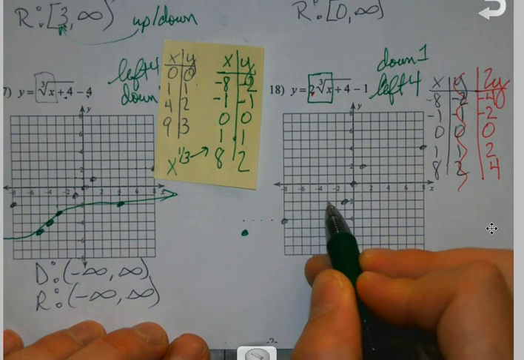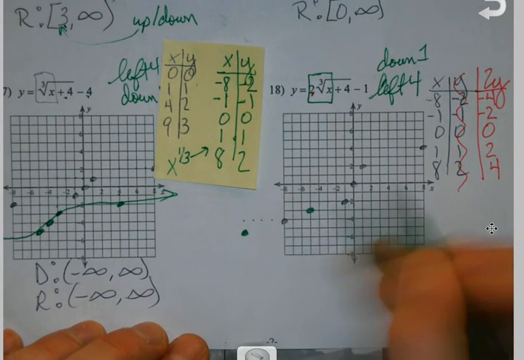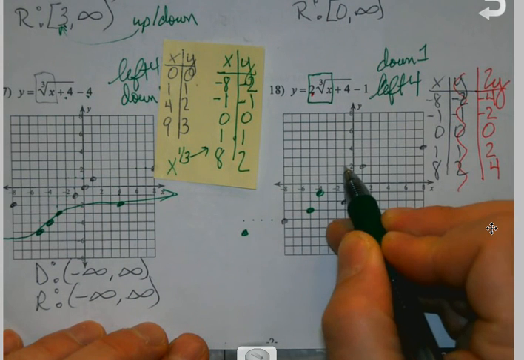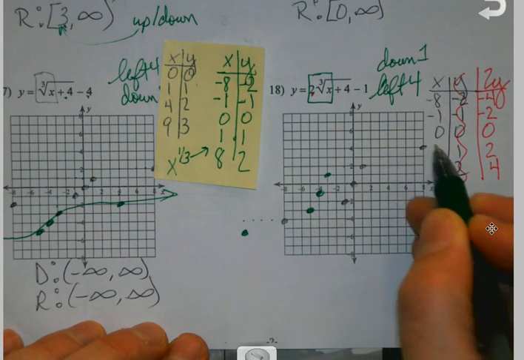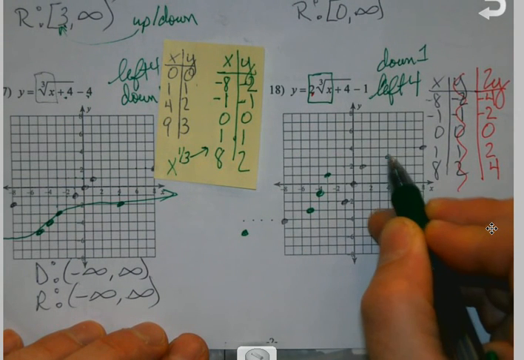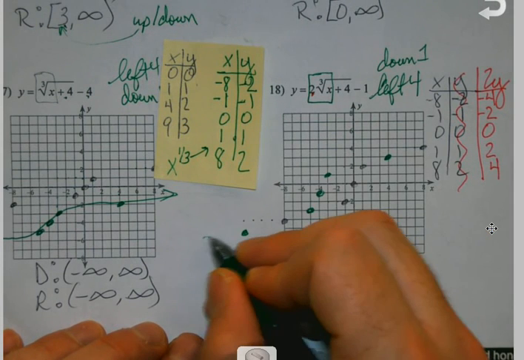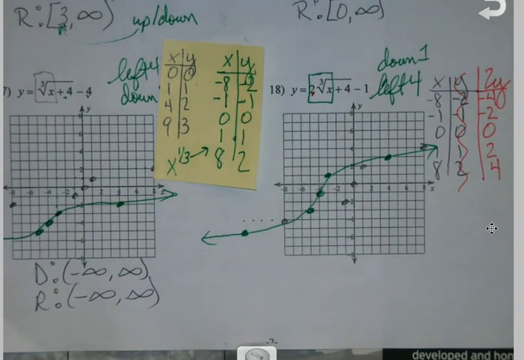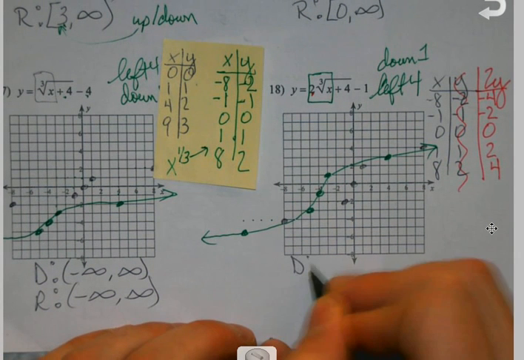So 1, 2, 3, 4. But again, I get the easiest domain and range ever.